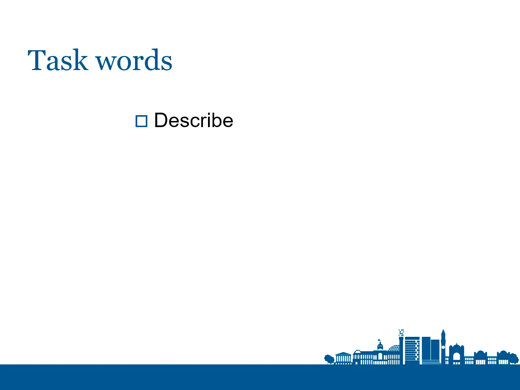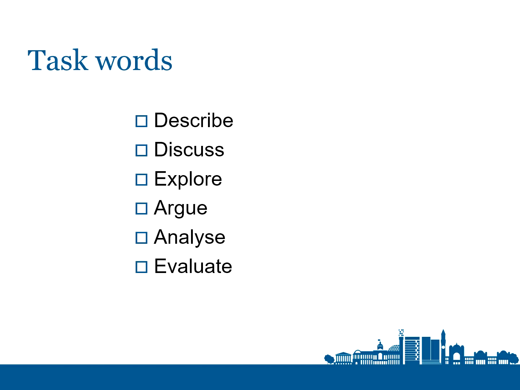Task words such as describe are asking you to do quite a simple thing, and then instructions like discuss, explore, or argue are asking for something a little more considered. At the end of the scale are task words like analyse, evaluate, and critique. If we take these one at a time, the differences between these instructions will hopefully become clearer.